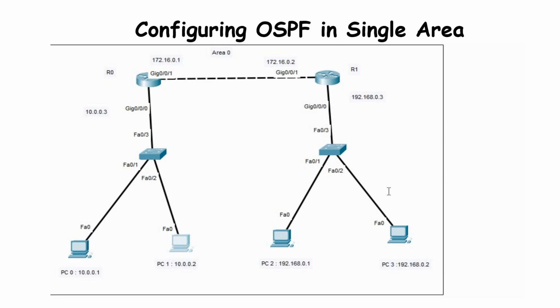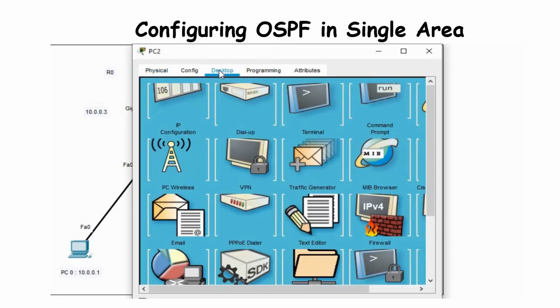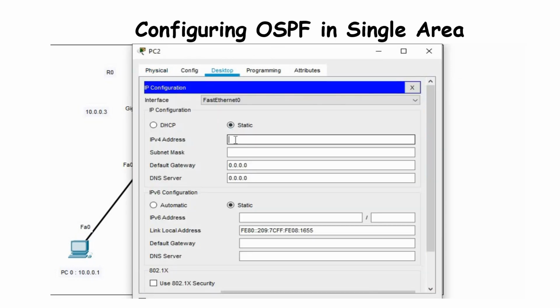Now for PC2 and PC3, the default gateway is 192.168.0.3, which is gigabit 0/0/0 of router R1. Go to PC2, desktop, IP configuration, IP address is 192.168.0.1 with default subnet mask, and gateway is 192.168.0.3.